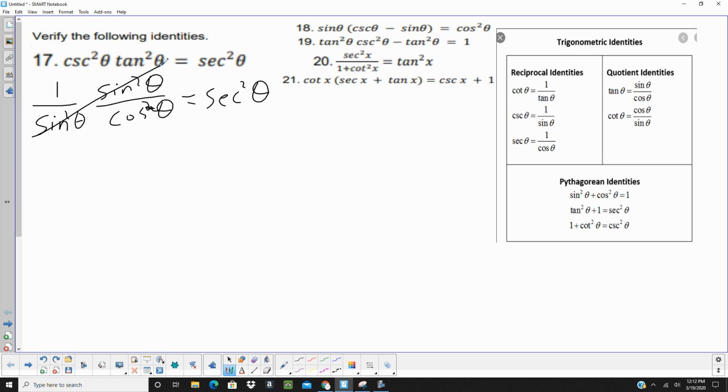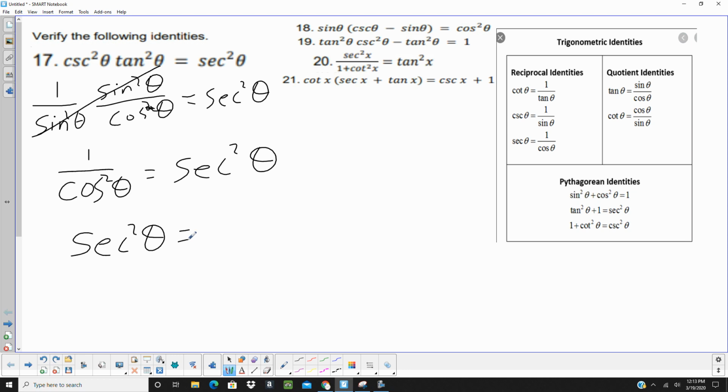My sine squareds cancel, and I've got 1 over cosine squared theta equals secant squared theta. Well, 1 over cosine squared is secant squared, so secant squared theta equals secant squared theta. It has just been verified. Let's go on to number 18.